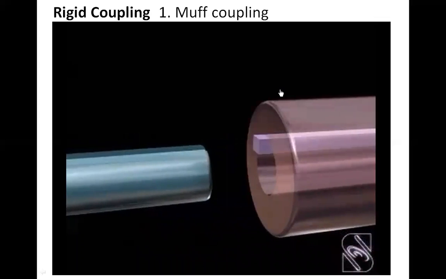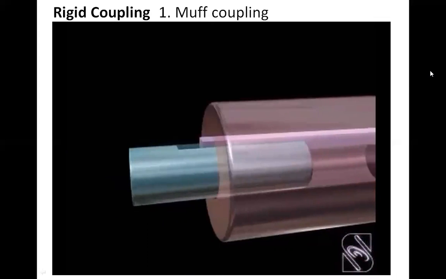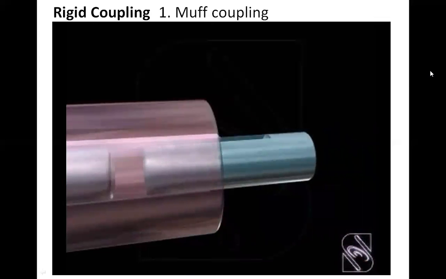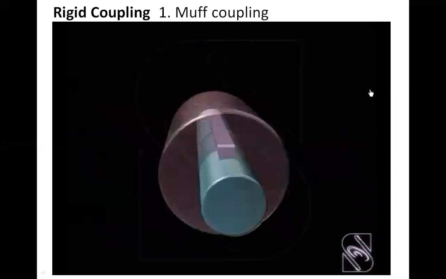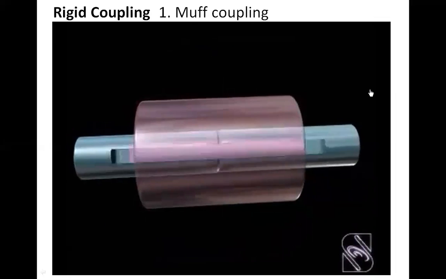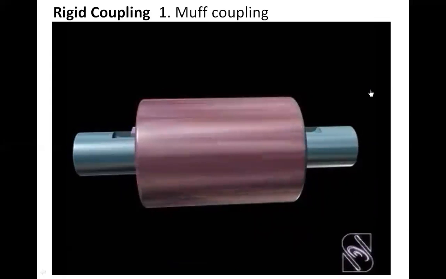The key is fitted to the muff and the shafts are inserted into the muff, one on each side. We can now see the complete assembly of the solid muff coupling. The disadvantage of this coupling is that it cannot be dismantled without damaging the parts. So this is the muff coupling.